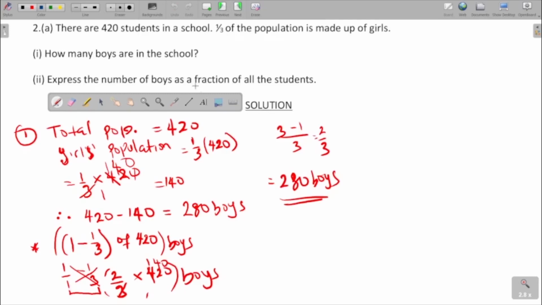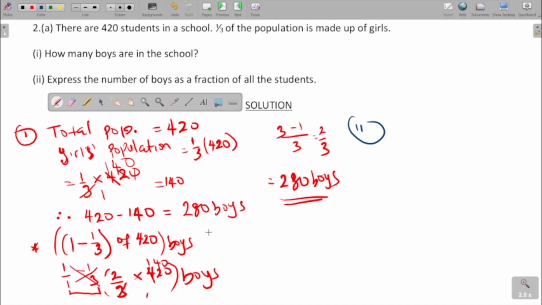Now the second question says, express the number of boys as a fraction of all the students. To solve this, we have actually done it here.